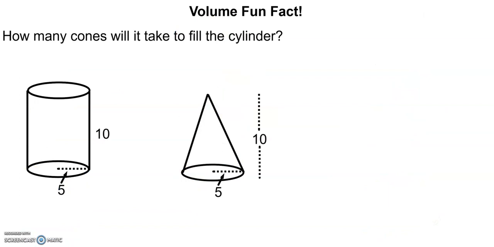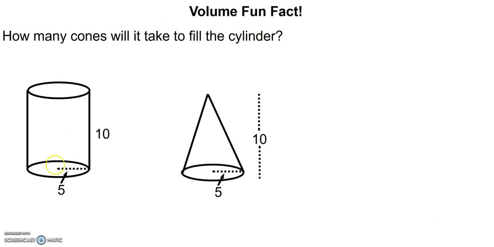So here's a volume fun fact. How many cones will it take to fill a cylinder of the same size? Not only a cylinder, but any pyramid to any prism that has the same base and the same height.